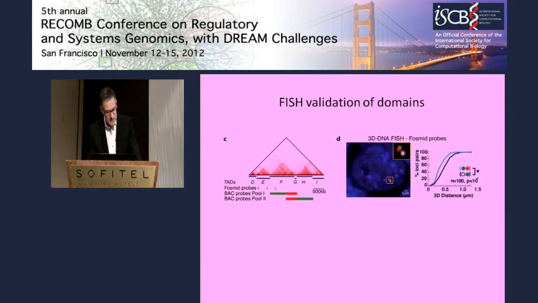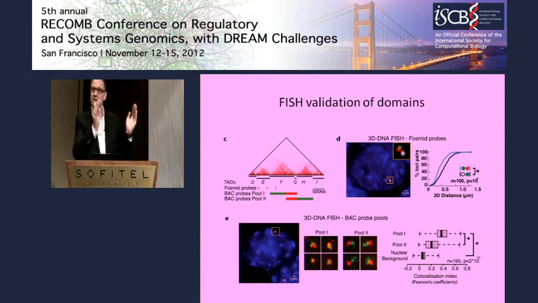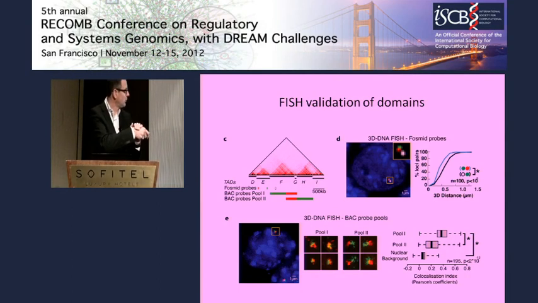So we spent a lot of time doing imaging, both 3D FISH imaging to measure distances between loci, as well as super resolution imaging to make the following points. If you look at loci that are separated by a given genomic distance, but they are located in the same domain, they're closer together in 3D space by imaging than when you look at two other loci separated by the same genomic distance, but are in two neighboring domains.